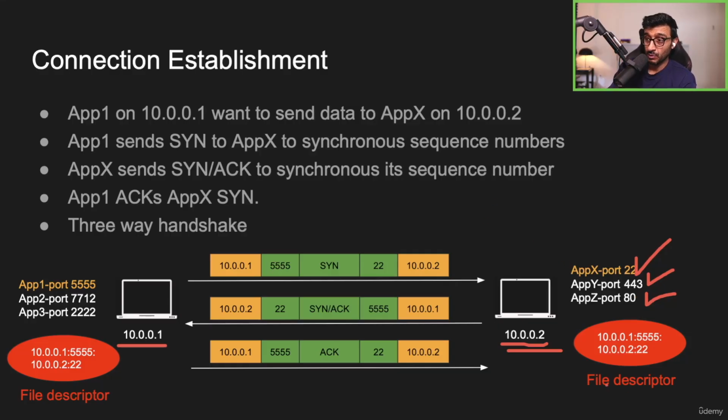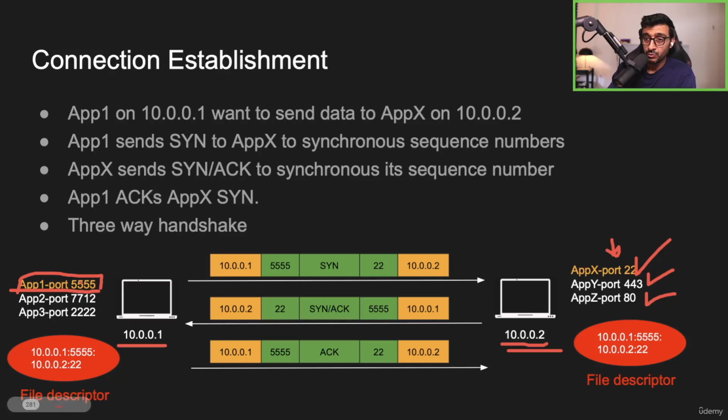And then we'll come to this part later. Okay? And then on the client side, one client could choose to connect to a destination. In this particular case, my app 1 wanted to connect to app X, which is SSH, on this server.